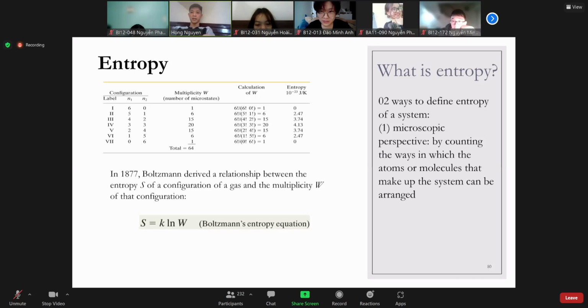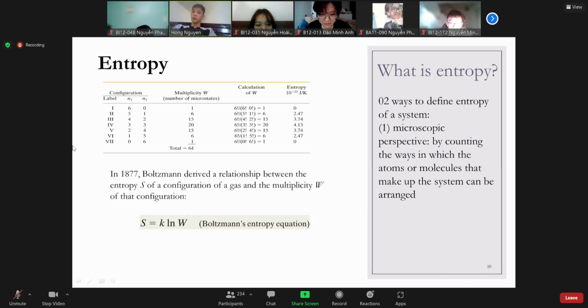Here k is the Boltzmann constant, and ln W is the natural logarithm of the multiplicity. So if we apply this formula for our 7 configurations, we will see that the value of entropy of configuration 4 is still the highest.